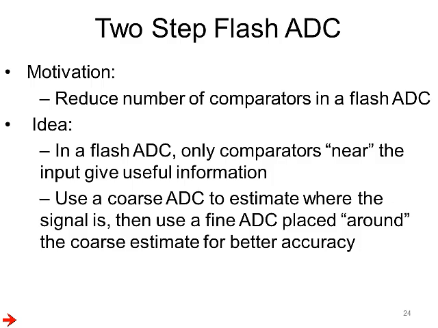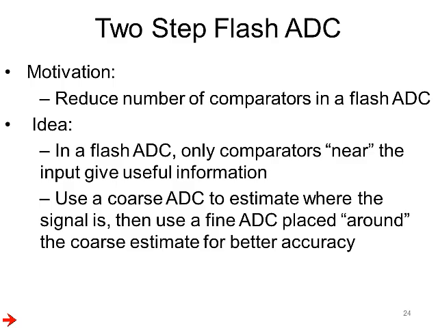Recognizing that increasing the number of bits while using a flash would require an enormous number of comparators, the two-step flash ADC has the motivation of trying to reduce the number of comparators in a flash converter. The basic idea is the following.